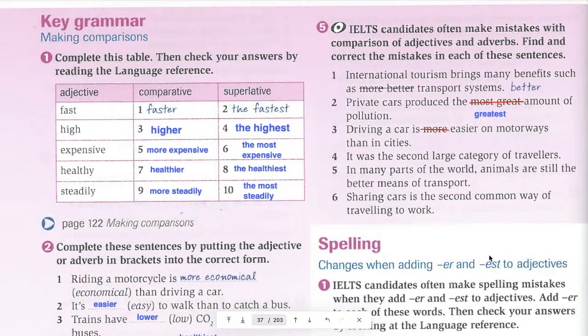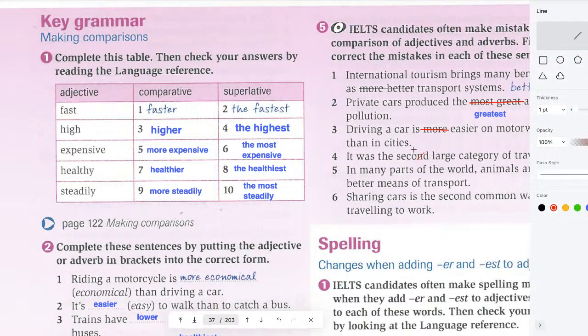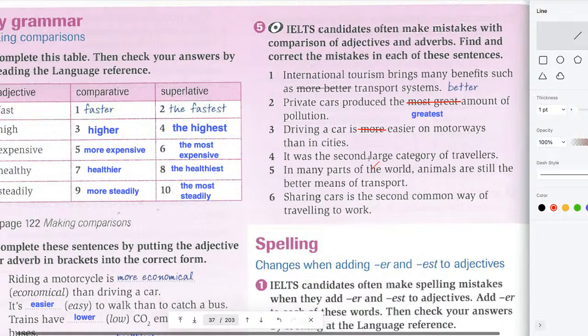Which one is wrong? Something is wrong because we are using the superlative form. The superlative form of large is largest.